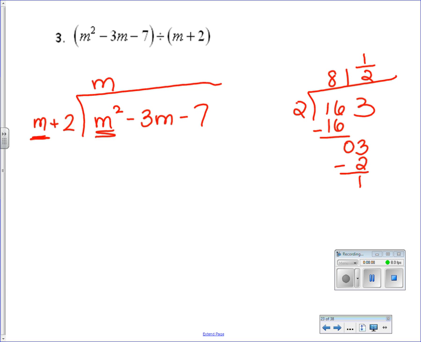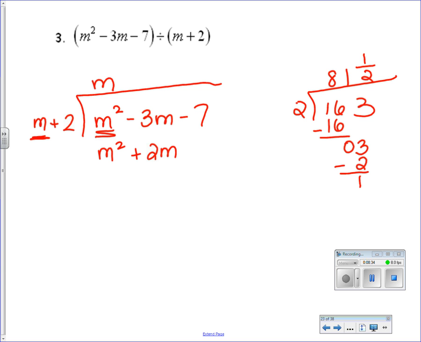We multiplied it down to make the 16. So we're going to do the same thing. So what's m times m? Okay, but I also have to account for this 2 here. So now I have to do what's m times 2. Right, and that's a plus 2m. Okay, so I had to multiply what we came up with to both the m and the 2.